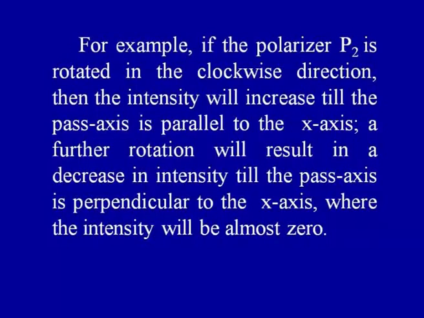For example, if the polarizer P2 is rotated in the clockwise direction, then the intensity will increase till the path axis is parallel to the x axis. A further rotation will result in a decrease in intensity till the path axis is perpendicular to the x axis, where the intensity will be almost 0.